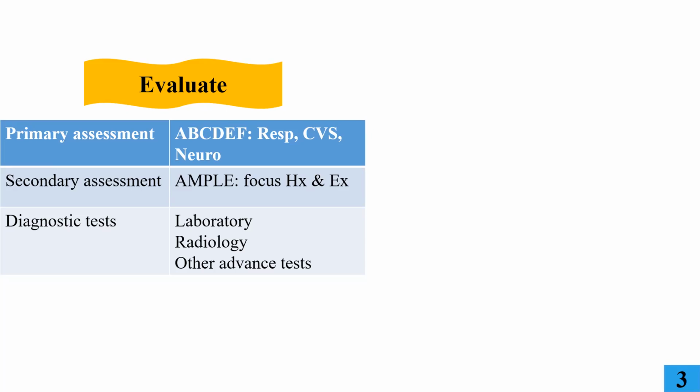Anyhow, we do a focused history and examination in the secondary assessment, and then we have the diagnostic testing, where we order tests which include laboratory, radiology, and other advanced testing.